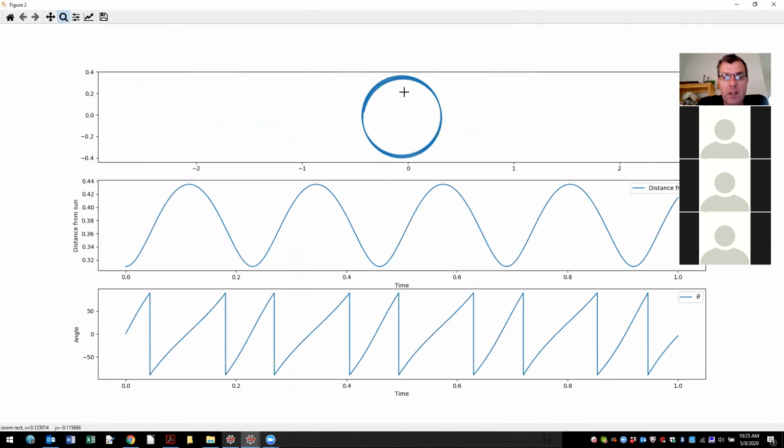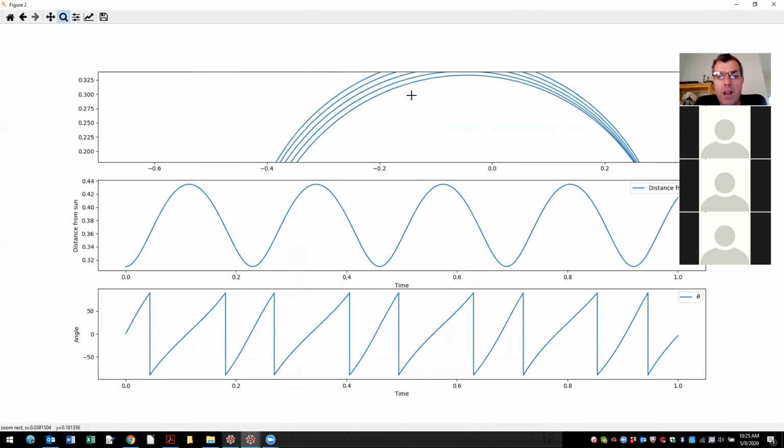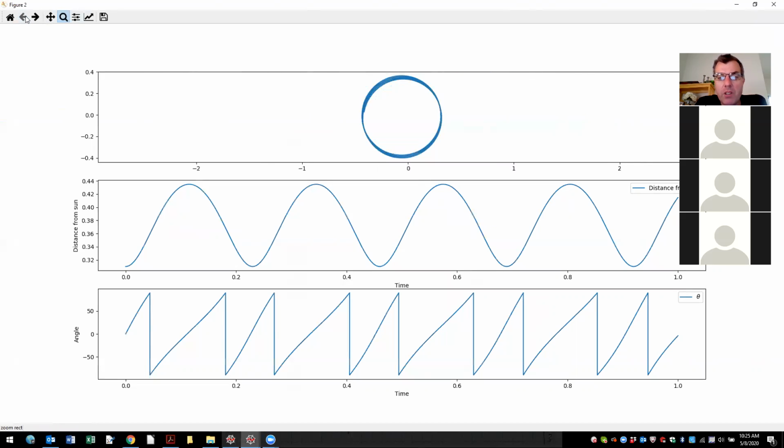Instead of getting an ellipse, this is several orbits. You may be thinking, well, I see an ellipse with weird thick lines. No, what you actually see is several orbits. Those orbits don't quite fall on top of each other.